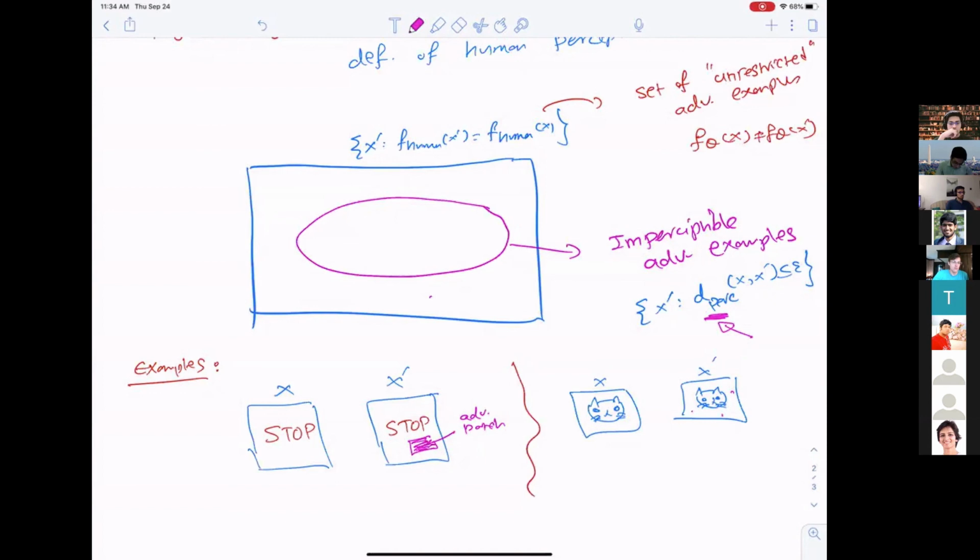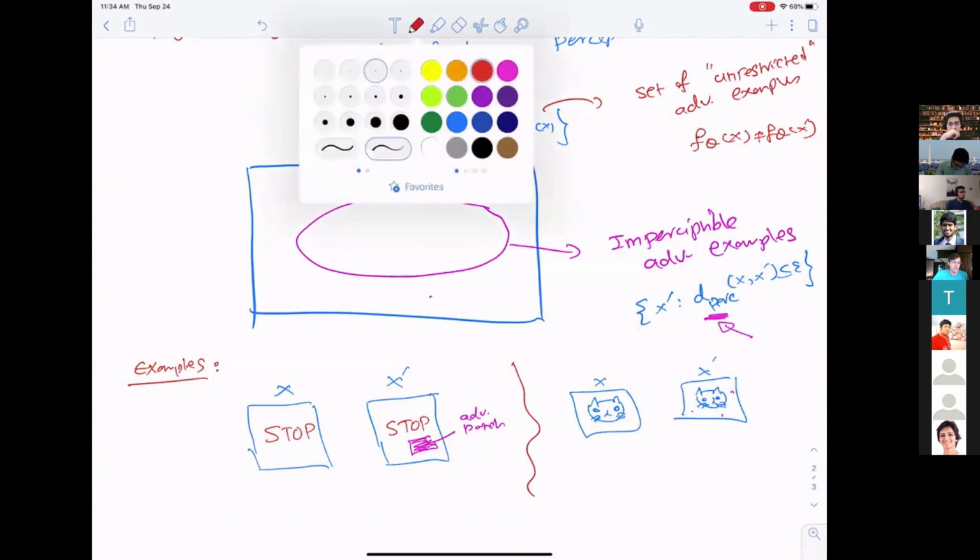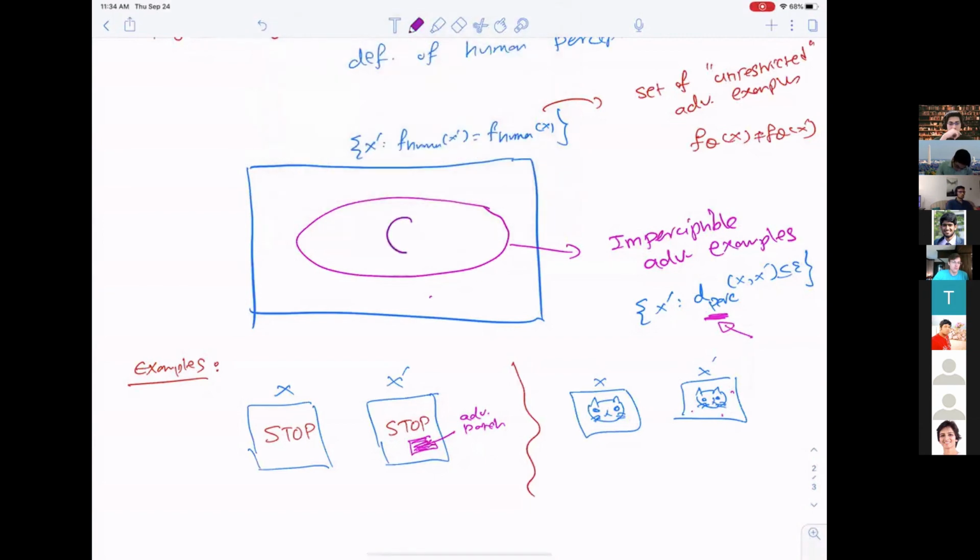Now, for instance, I can look at a smaller subset of imperceptible adversarial examples where I'm bounding the LP norm of my perturbation noise.